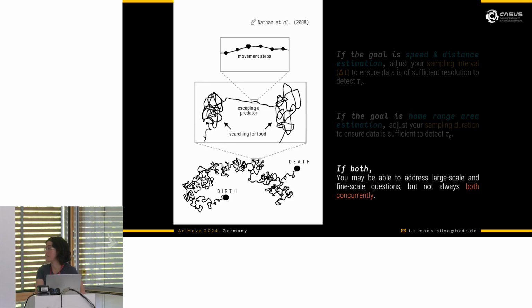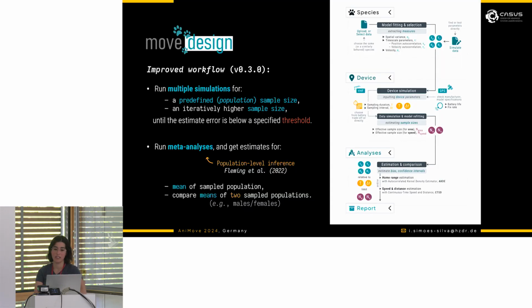Again, if both, sometimes you can do both, and other times you really can't. If you remember that curve with the GPS, sometimes no matter where you land on that curve of duration versus the fixed rate of the device, you can't really answer both questions at the same time, so you have to make a decision. Obviously, that's not always the case. Sometimes you can answer both, so there's also a way to do that.